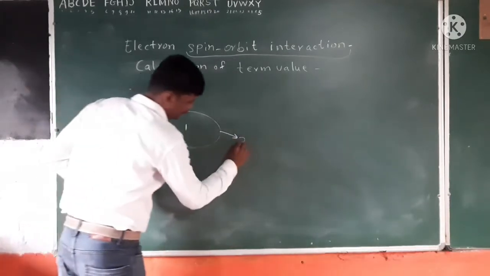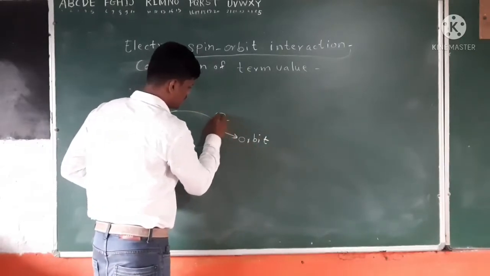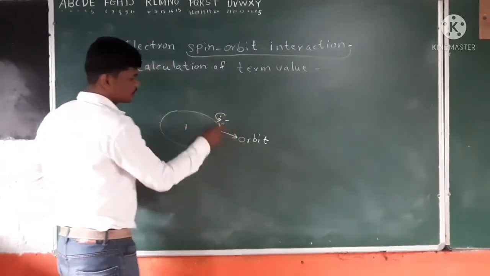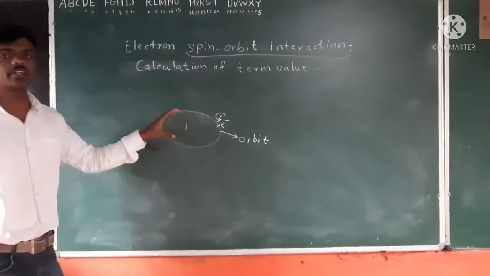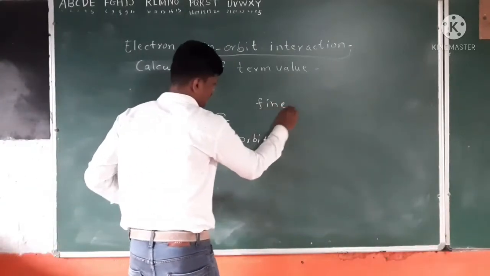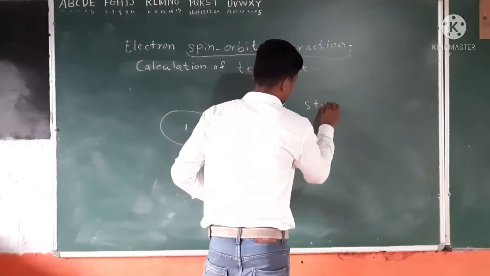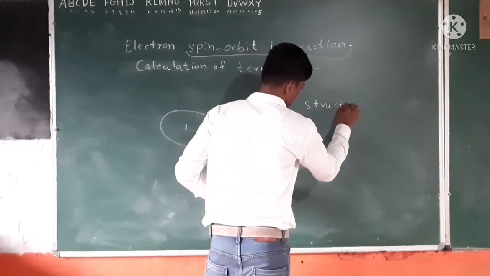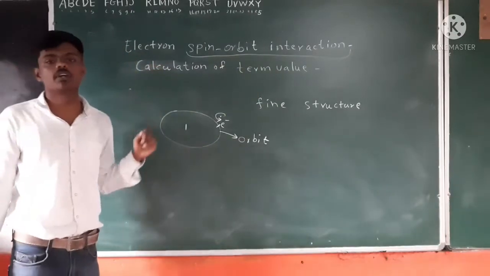This orbit and the electron's individual spin, its orbital motion, this interaction is the main cause of the fine structure levels, or the splitting of the main spectral line. So for fine structure, the main cause is spin-orbit interaction.